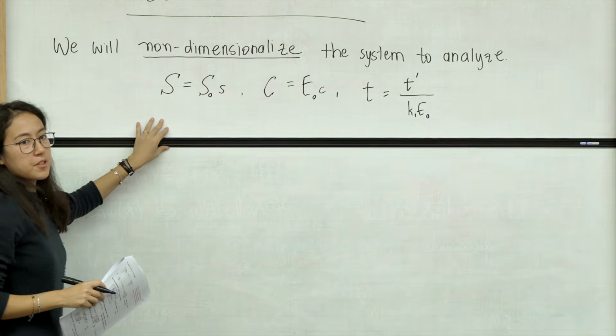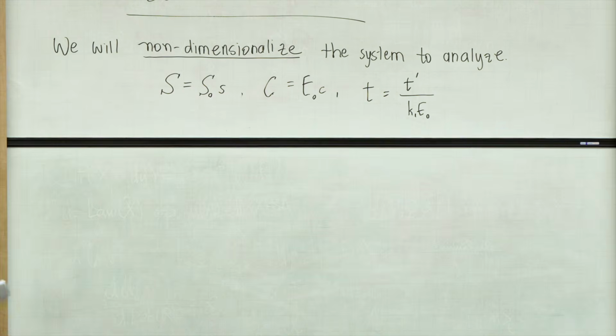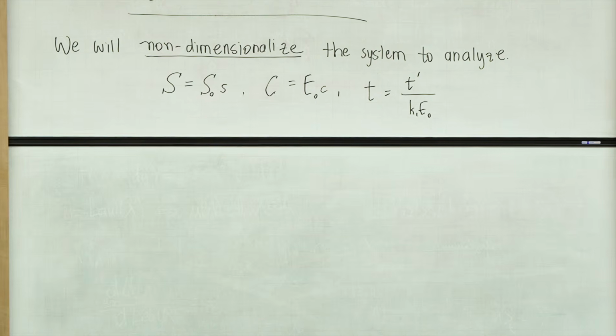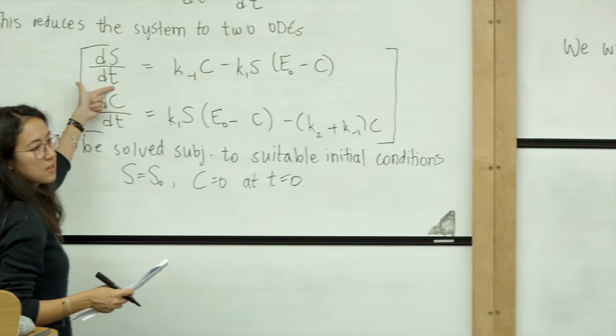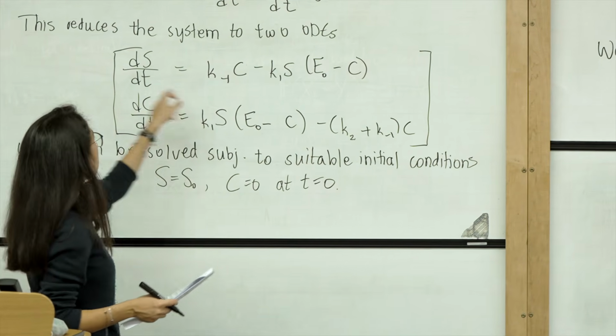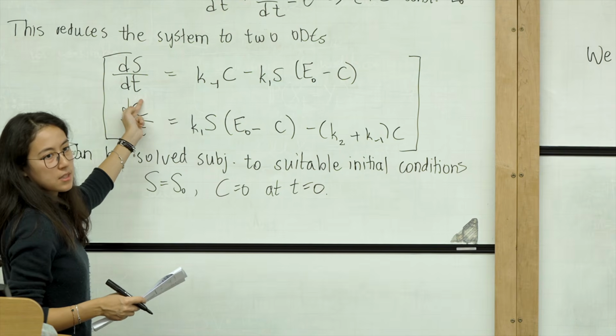OK, now that we have specified this, I have to use these new variables to rewrite the system in dimensionless form. You see here I have dS/dt, for example, with the original time that has units. I want to rewrite it with those variables and end up with something of the form little s and t prime instead.